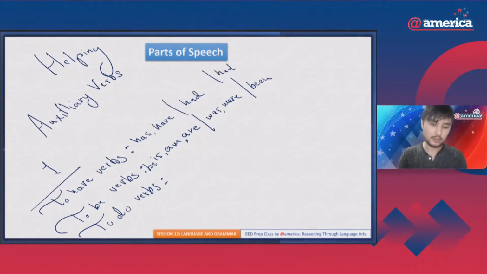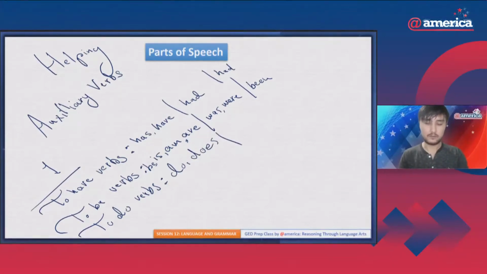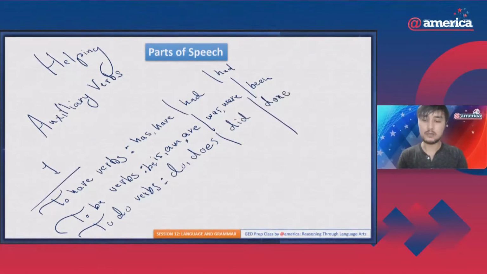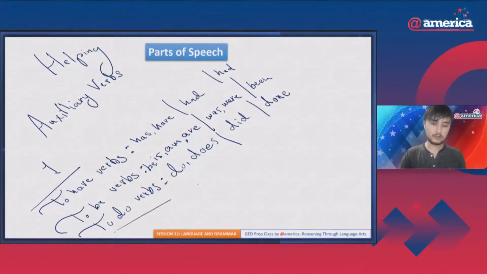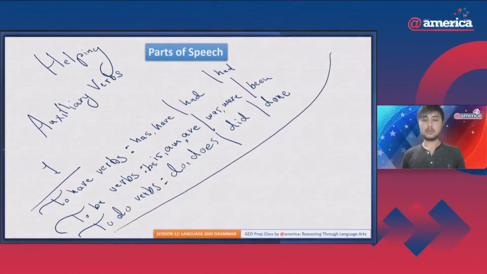To do verbs, we have do, we have does, for present forms of to do verbs. For the past we have did, and for past participle we have done. Right? These are the auxiliary verbs type 1.